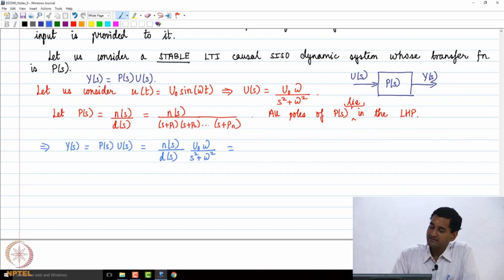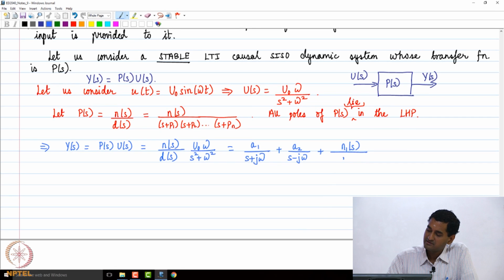So, this I can rewrite as some a1 divided by s plus j omega plus a2 divided by s minus j omega plus some n1 of s divided by d of s. I am just doing partial fraction expansion, right.